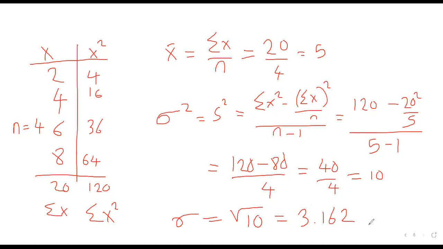To find our coefficient of variation, CV, it is simply standard deviation over mean times 100.